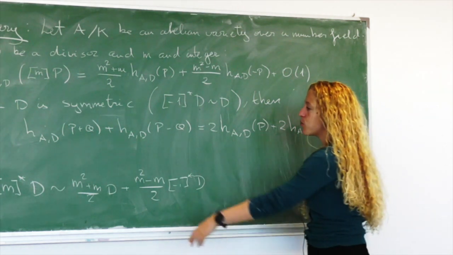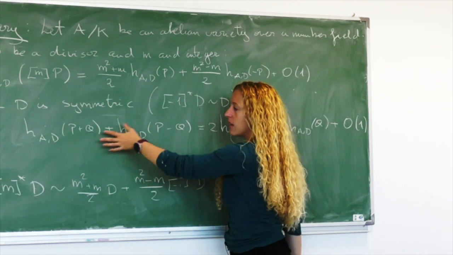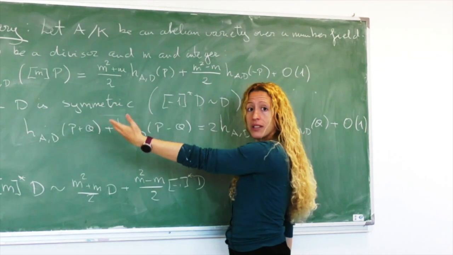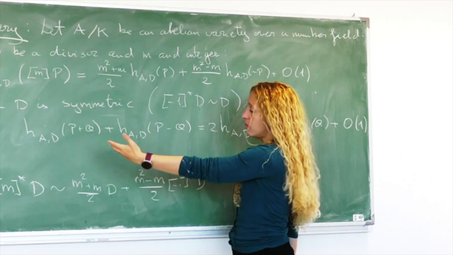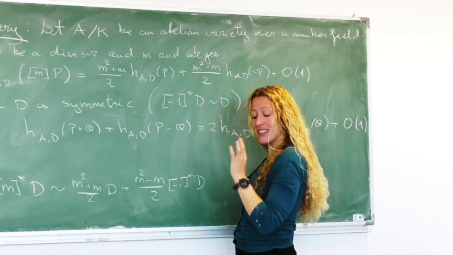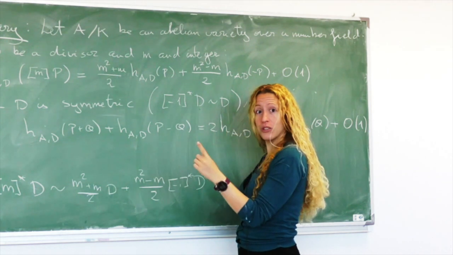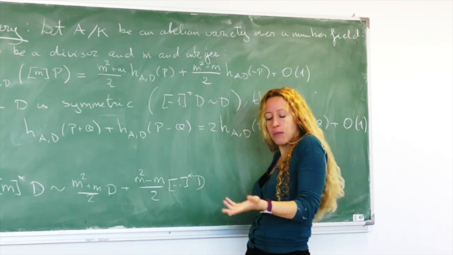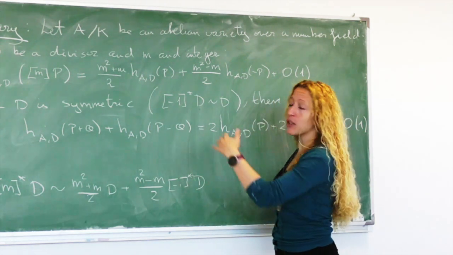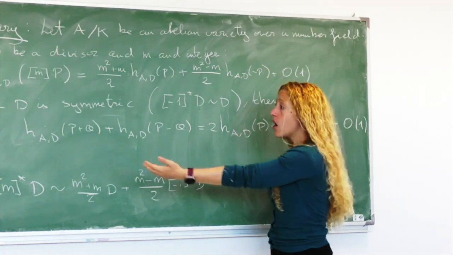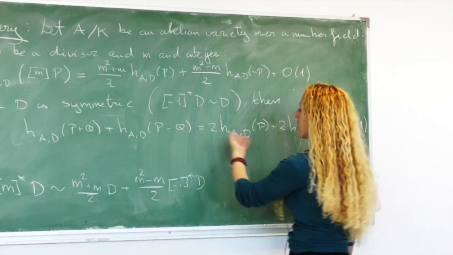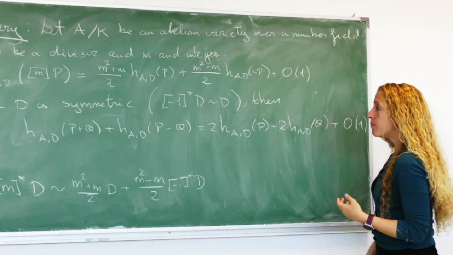Again, what morphism do you have to consider here? You have to consider adding P. This is a morphism on the variety, not as an abelian variety, because adding P is a translation, so 0 doesn't go to 0. But it still is a morphism of varieties. So you can consider that morphism, and you use the properties that we saw before, how the height behaves with a morphism, and then you can get this equality.